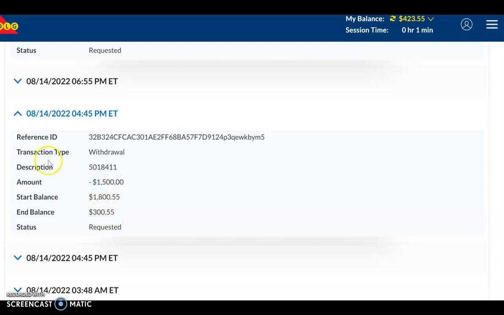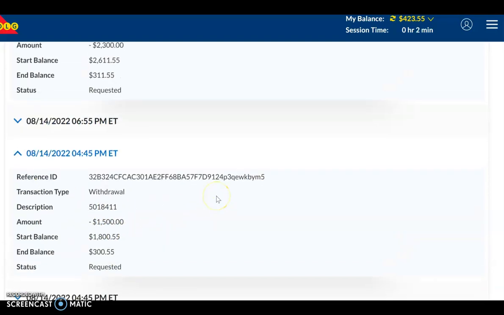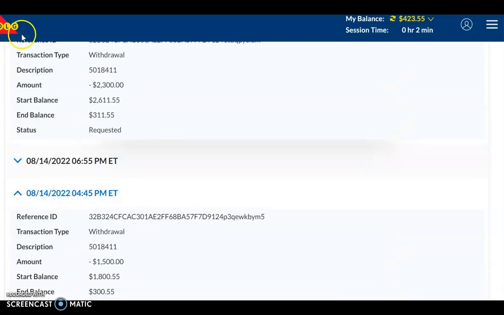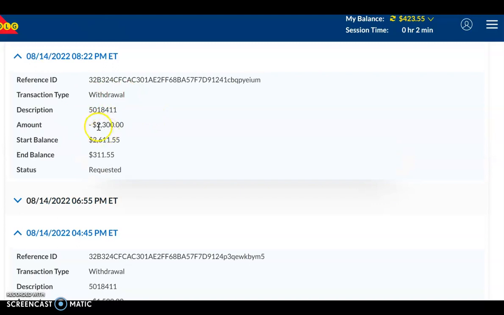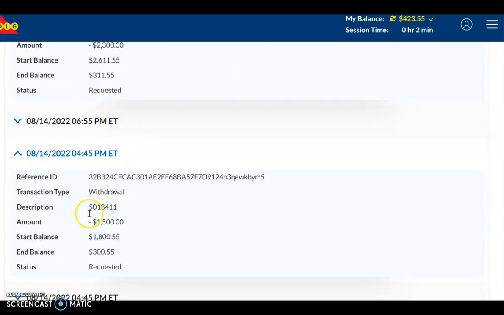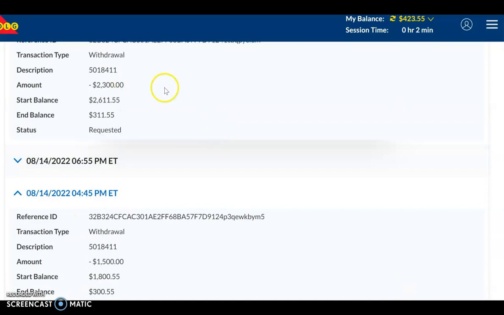So I left 300, and of course, in the process of playing around, it was 311. I then took another withdrawal of $2,300. Okay, do the math. 2,300 plus 1,500 is $3,800, $3,800 in one day and two separate times that I've gone in.